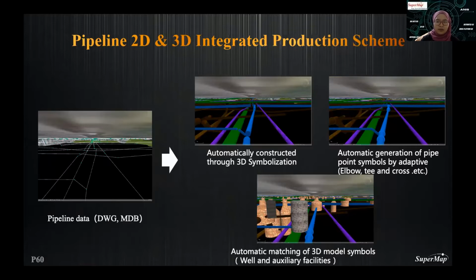So in SuperMap, we have the template for symbolization that you can select based on your preference. So it will automatically create into 3D. And then you can further generate the pipeline by adding the arrow, the T, cross, and etc. And then finally, you can generate the 3D building above ground to get the overall design for the smart water system, the unit, and the facilities as well.